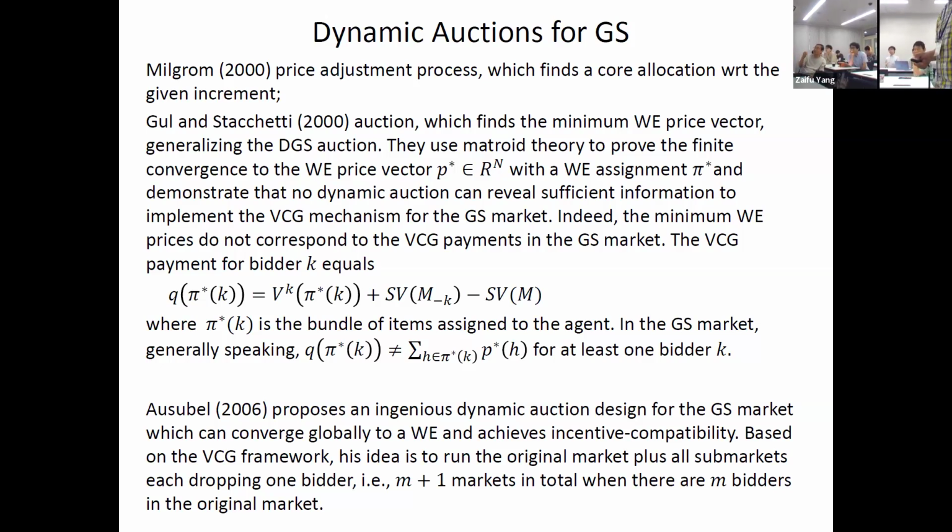Originally I was consuming H in the Walrasian market, but I'm gone in the market without K, so item H can be assigned to some other guy. And somehow this Q expression boils down to P star. That's our question.